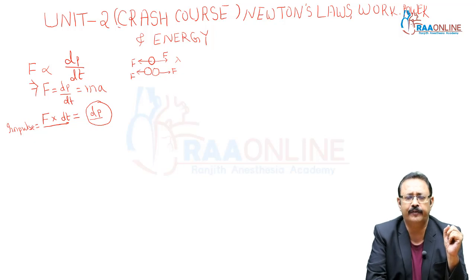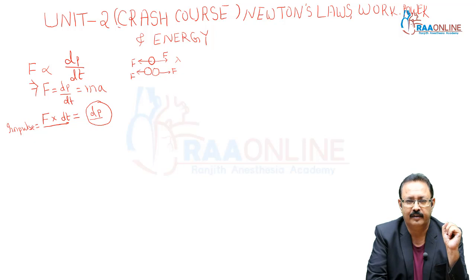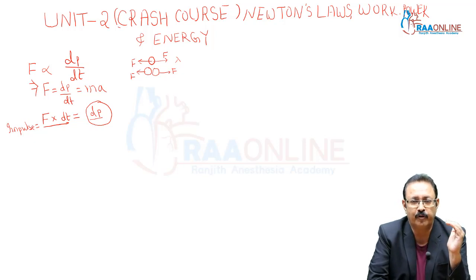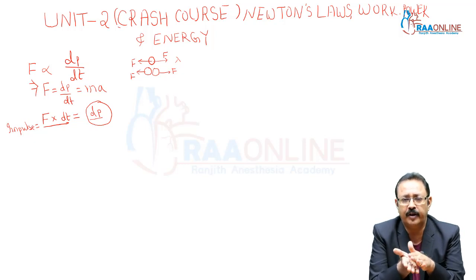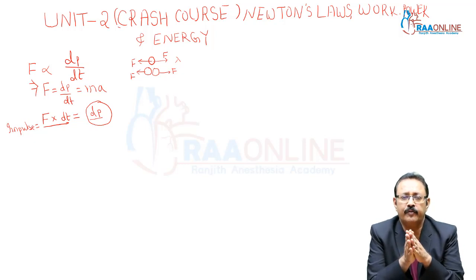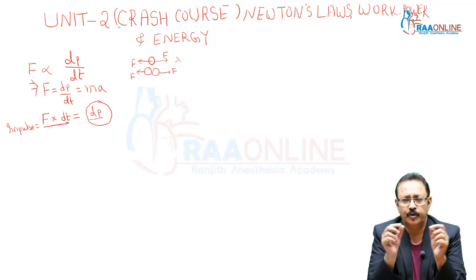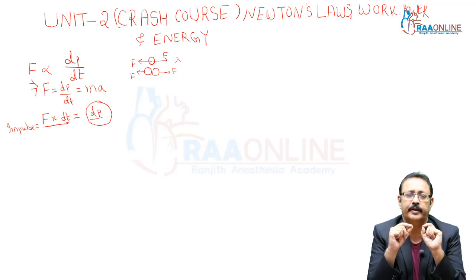Why is it unsafe to jump on a hard floor? Because if you are jumping from a height, before hitting the floor, suppose your velocity was v, your mass was m, your momentum was m into v.